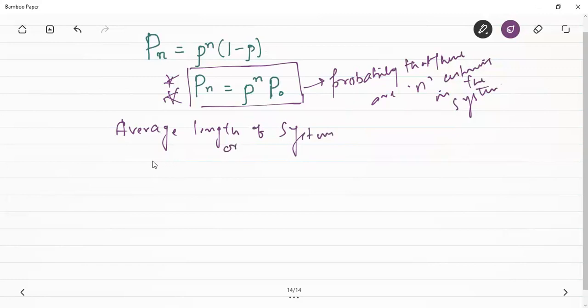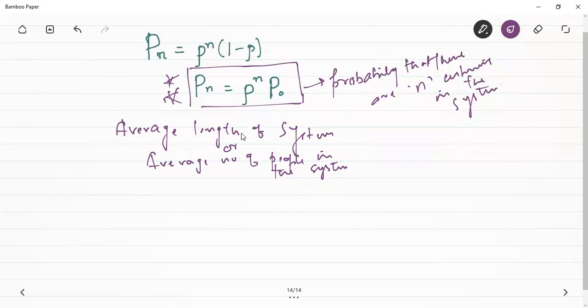Or it also means the average number of people in the system. Okay, average length of the system or average number of people. Length of the system doesn't mean how long is the system.